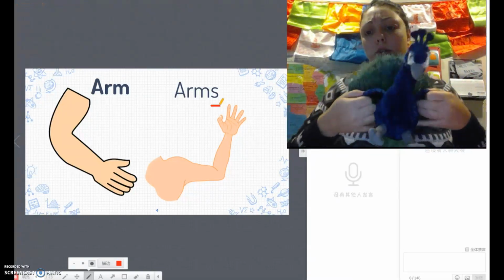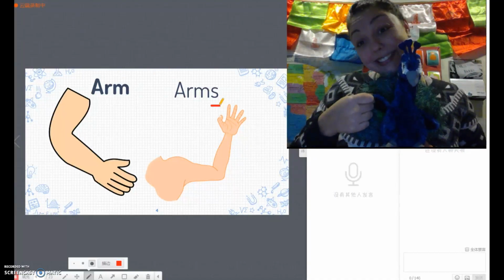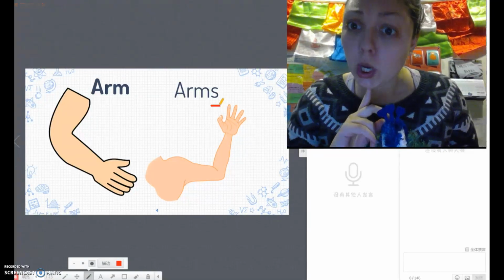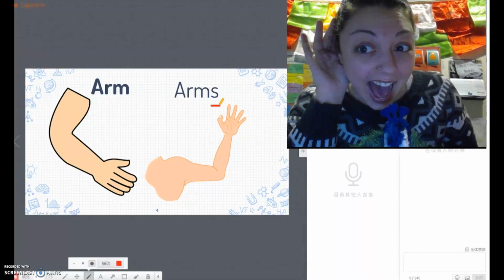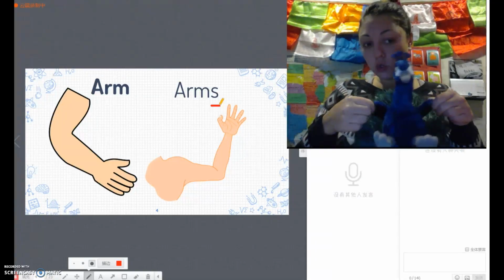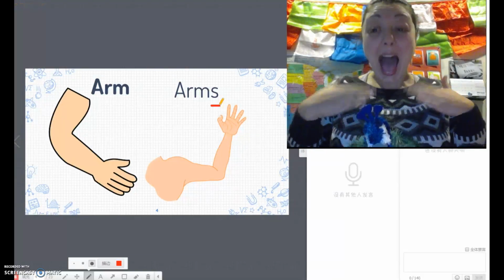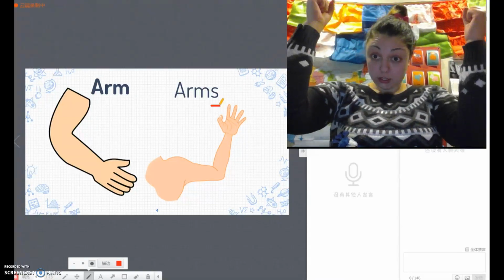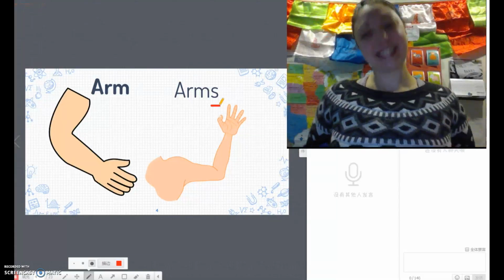Lily's two arms. Can we say two arms? Good. Two arms. Lily has two arms. I have two arms. Good.